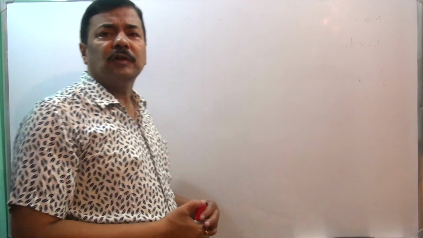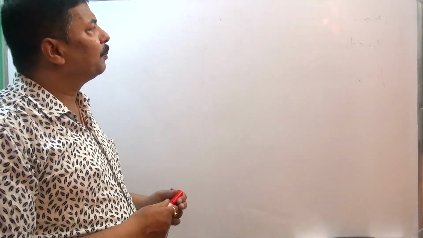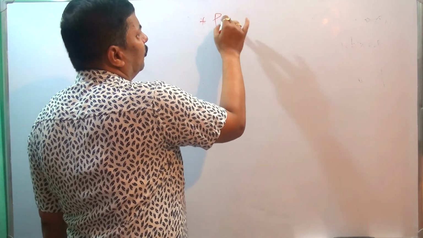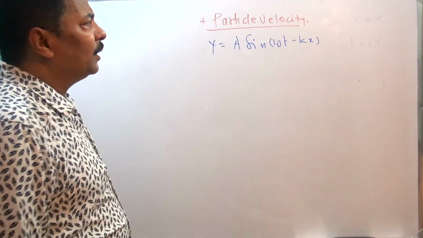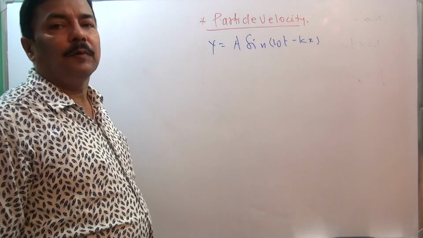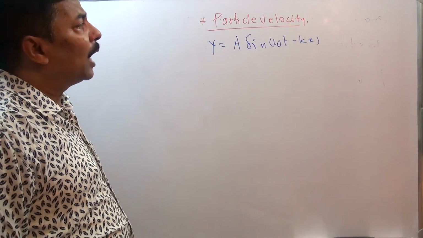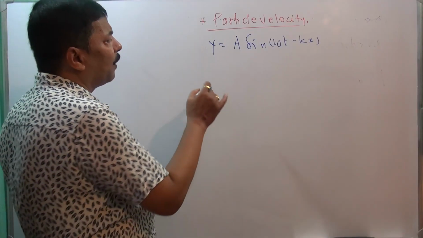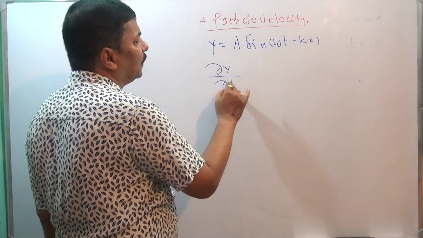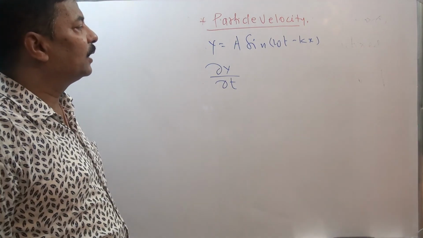Now I am trying to explain a very important aspect, that is your particle velocity. y is equal to A sin omega t minus kx is the standard equation of wave. Now, if I find delta y by delta t, why delta y by delta t?